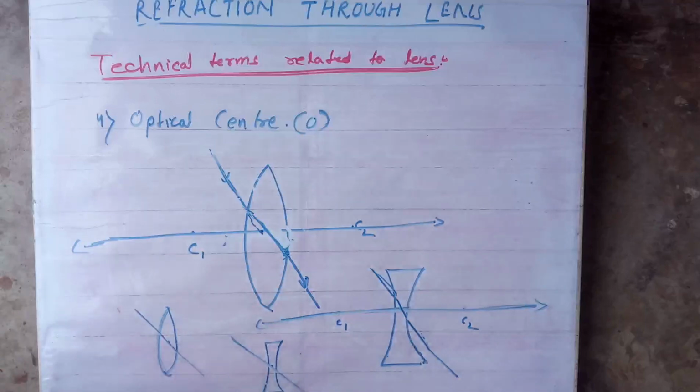For thin lenses they are more or less at the same place. That's why some people say it is the pole only, but that is not correct. A pole is different, optical center is different. When it comes, I'll tell you. Clear?